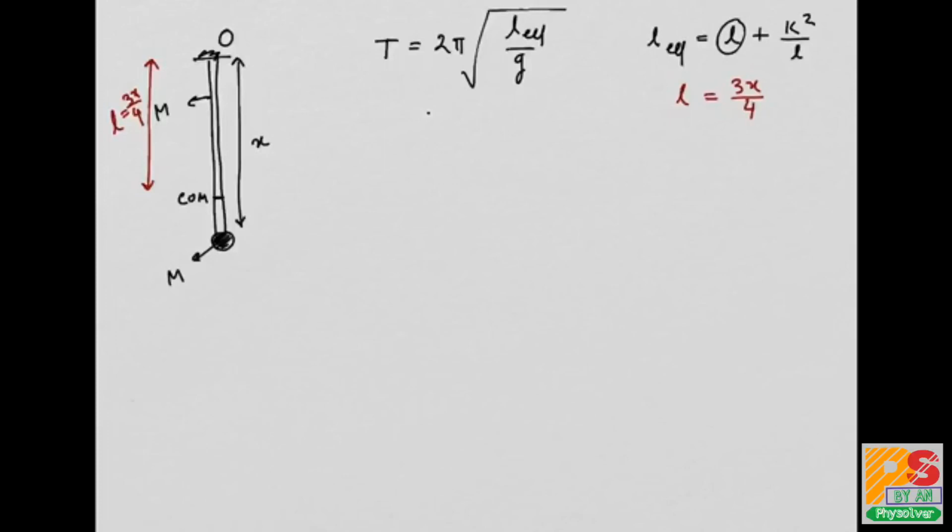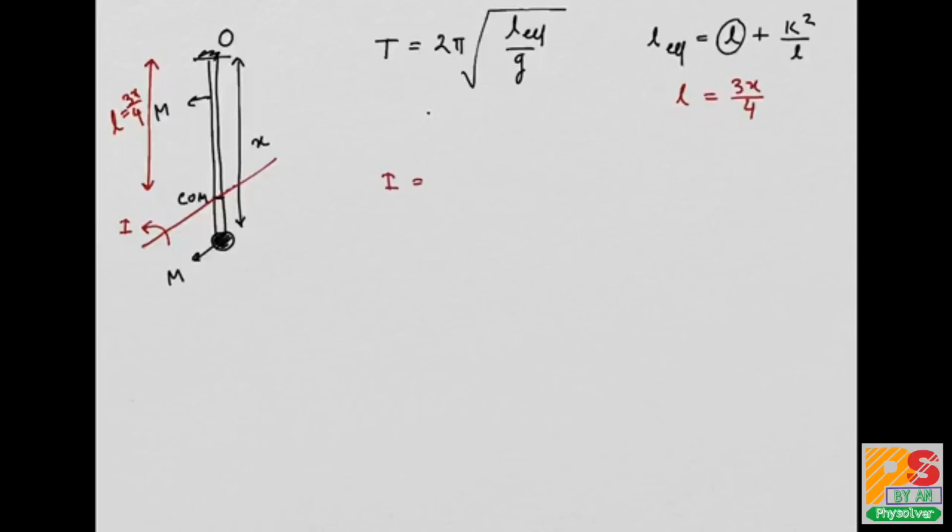Now k is what? The radius of gyration of the system about an axis passing through its center of mass. So about this axis, let me find the moment of inertia of this system. I equals what?